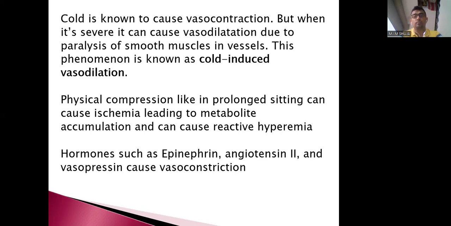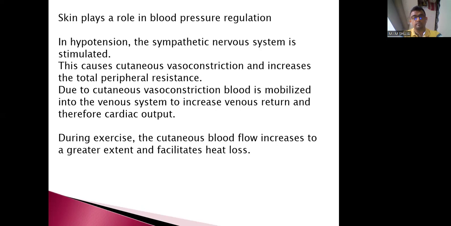The extreme of physical compression, like long ischemia leading to metabolite accumulation, can cause reactive hyperemia. You should know what is reactive hyperemia. And epinephrine, angiotensin 2, and vasopressin cause vasoconstriction.